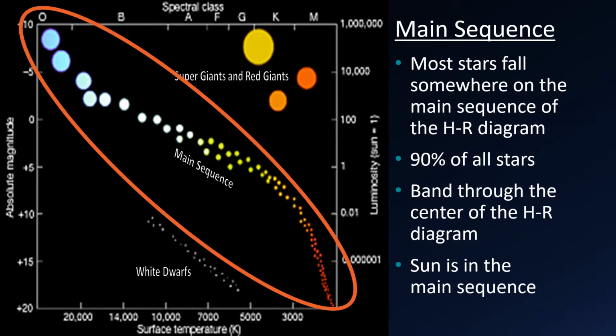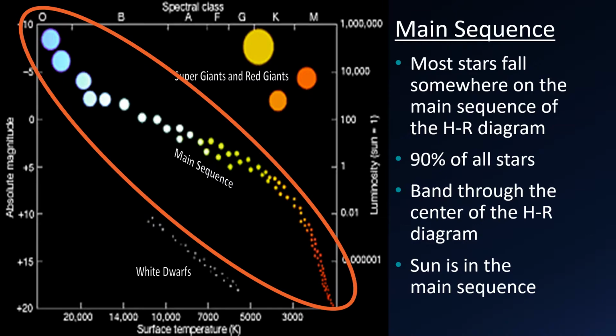So we break the HR diagram into different areas. Right across the middle is what we call main sequence stars. These stars fall somewhere on the main sequence, the main little line here of the HR diagram. And this comprises about 90% of all stars that we can see. 90% of them are going to be in that main sequence.